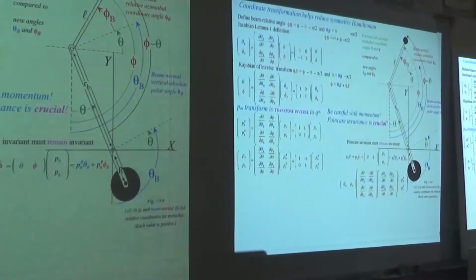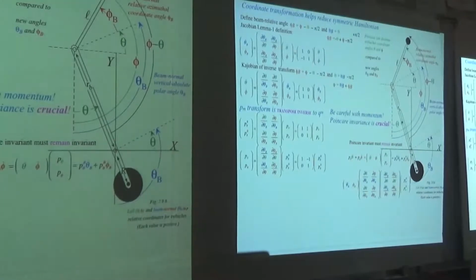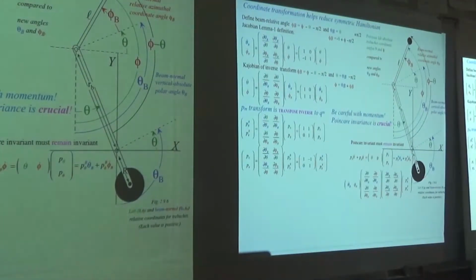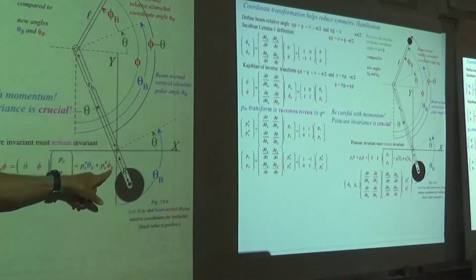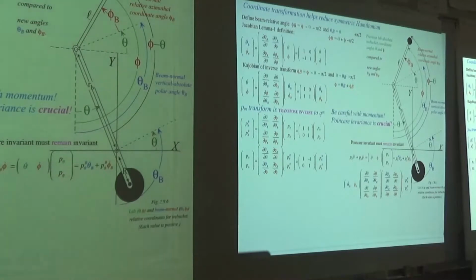So this Poincare invariant is the main invariant. That is, when I do this, I better get the same form for the new momenta and coordinates. So the question then is, what are the momenta doing when I made this coordinate transformation?